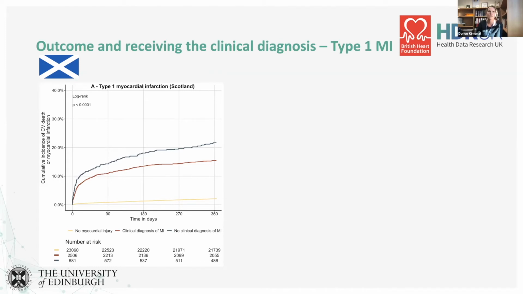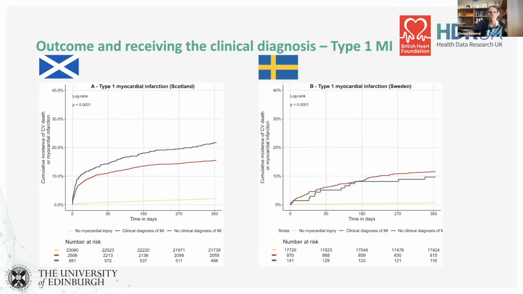And if you look at the picture, there's no question that those patients are at very high risk. In Scotland, we even observed that they were at higher risk as compared to those who did receive the clinical diagnosis. And that is also the same we did see for Sweden, that those patients who have not received the clinical diagnosis are definitely a high risk group.